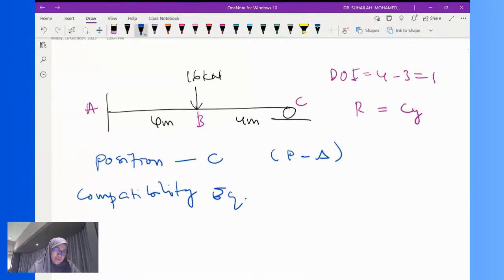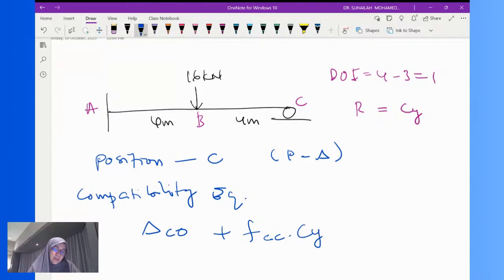We will have delta at position C for primary beam plus F, the flexibility coefficient. The symbol is F, and F will represent delta at position C for the redundant beam, redundant CY applied. So we have to multiply with CY.